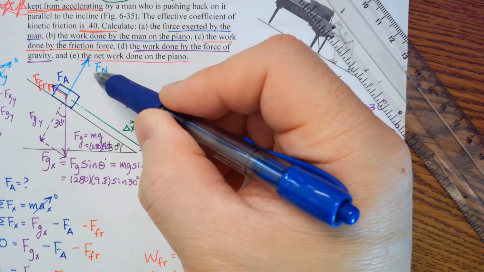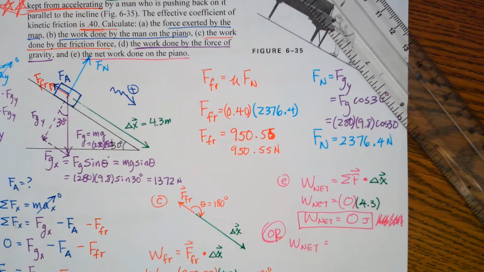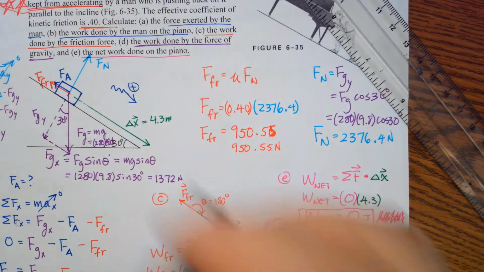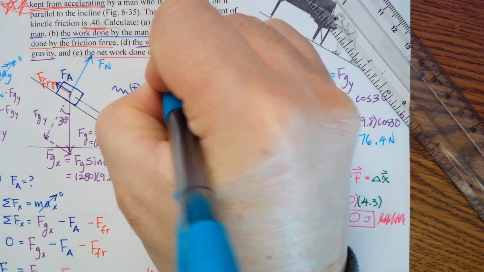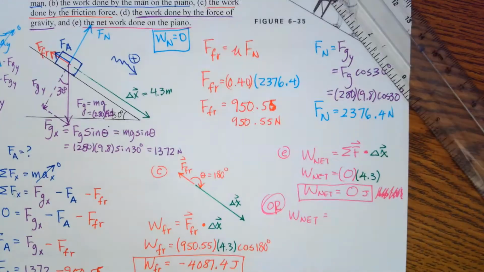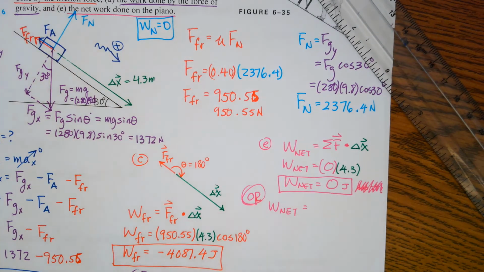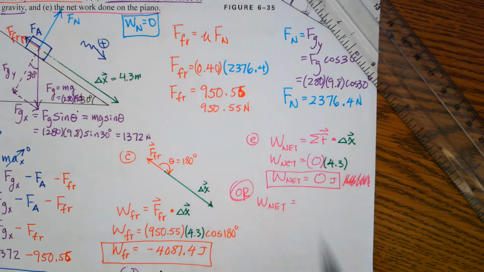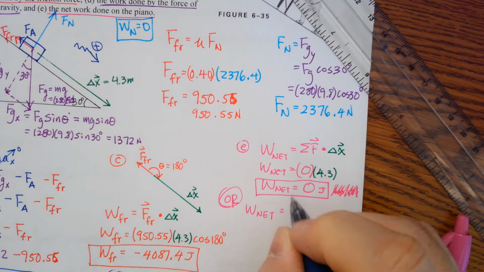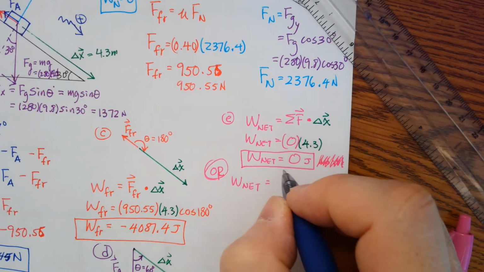So work done by F normal is equal to 0. So if we add up all the works done by all the forces, some are going to go to 0, some are going to be non-zero.